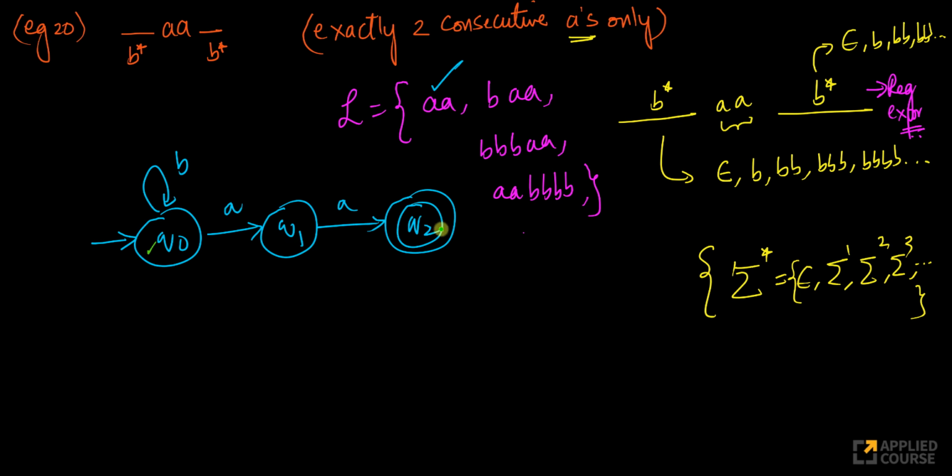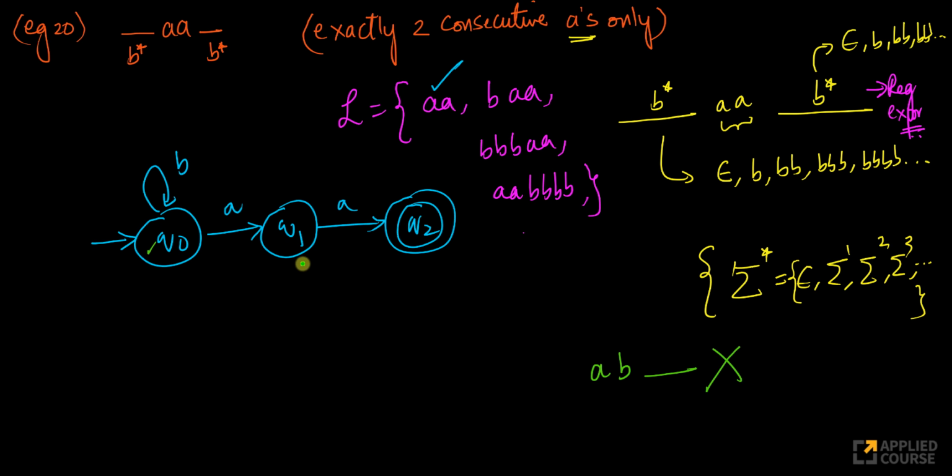So on this state, what if I get a B transition now? I got an A, then I got a B now. The moment I get AB followed by anything else, see, I want exactly 2 consecutive A's. If I get A or B or anything like that, this will never be part of my language.